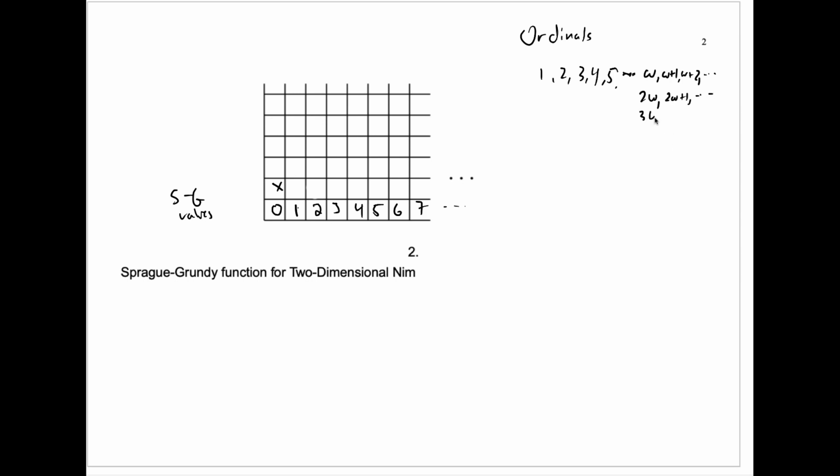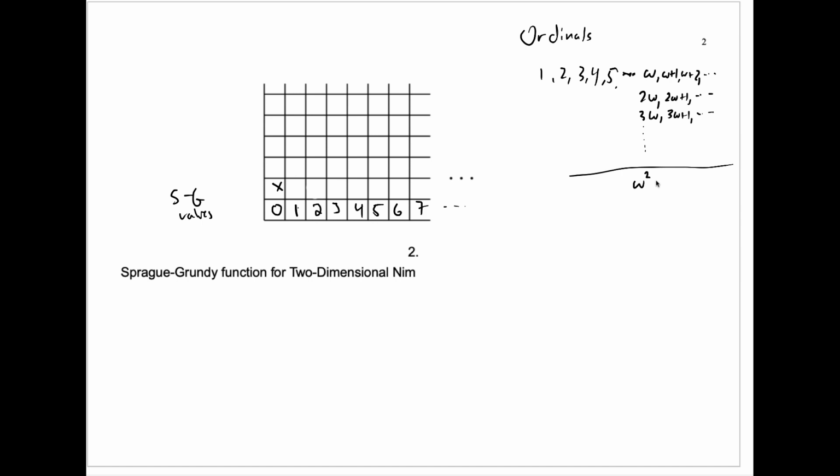And then we'd have 3 omega plus 1, etc. And we keep going down like this. We'd have 4 omega, 4 omega plus 1, 4 omega plus 2, etc. And if we ask what number is bigger than all the natural numbers, any number of this form, this form, this form, etc., bigger than all of those, we would get omega squared.